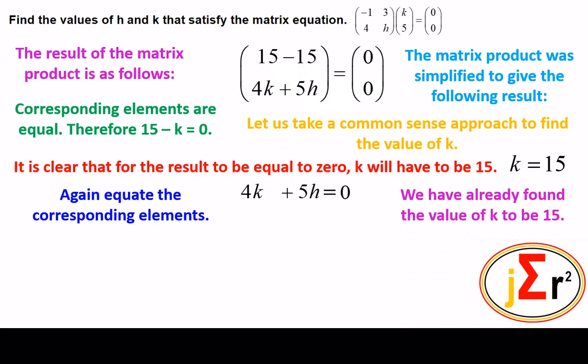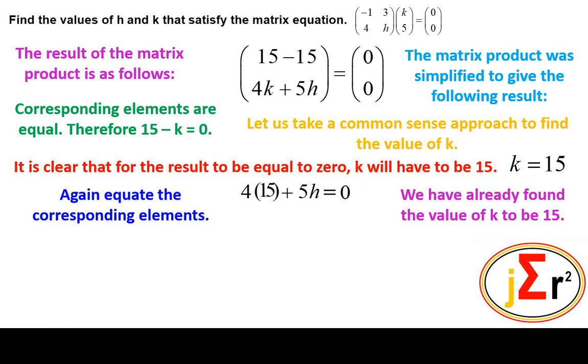We have already found the value of k to be 15. At the moment, we have one equation with two unknowns. Well, in terms of the physical appearance of the equation, two unknowns. But k is not really unknown because we have already found the value of k to be 15, and we will substitute that in the place of k in the equation.